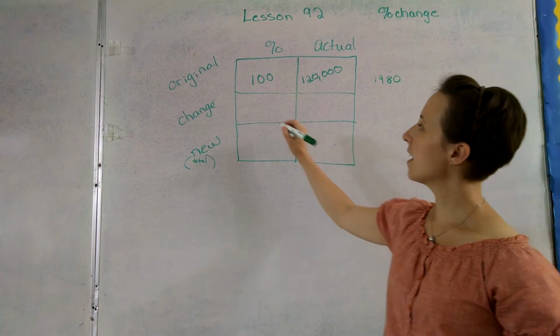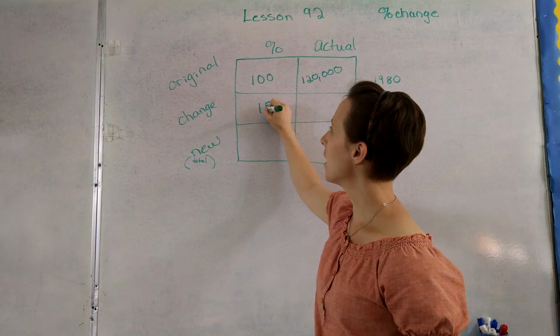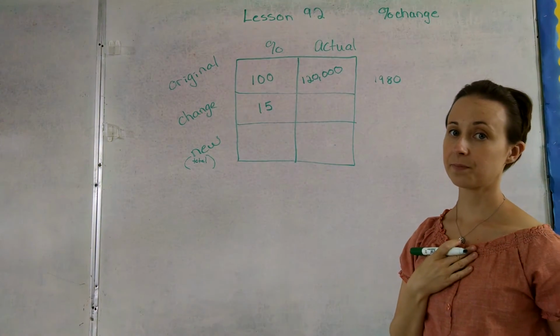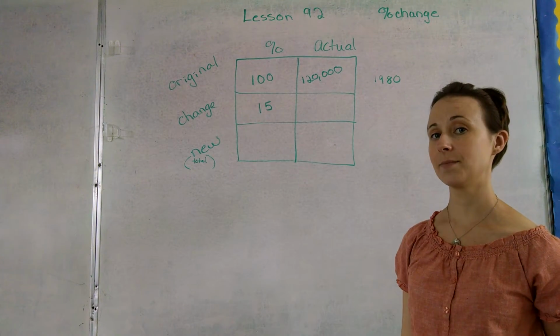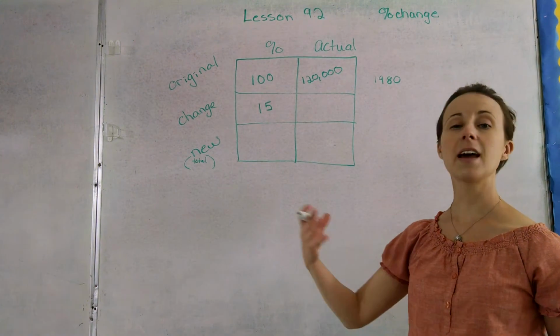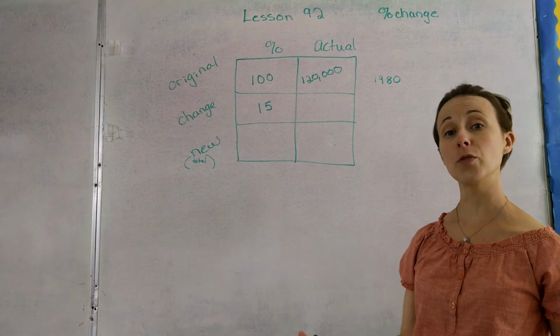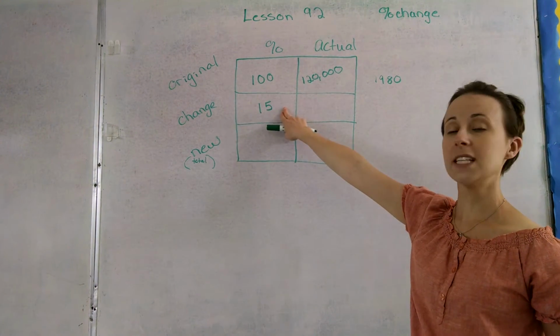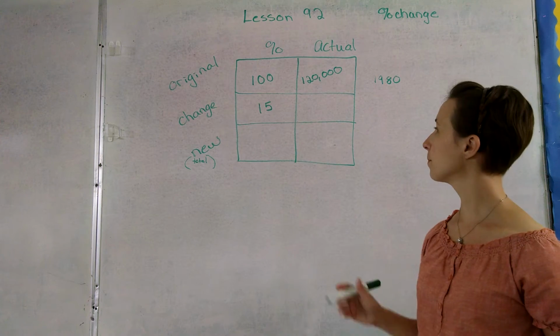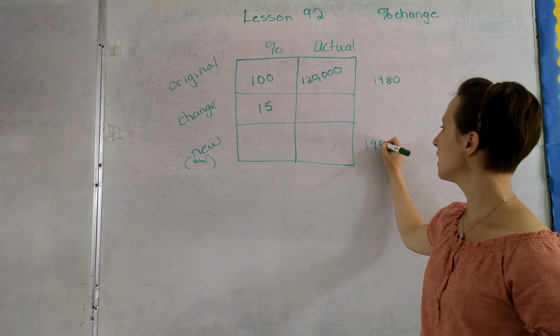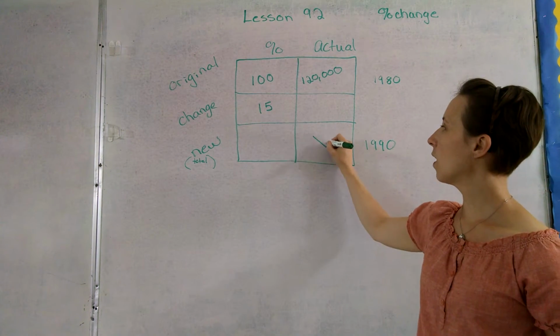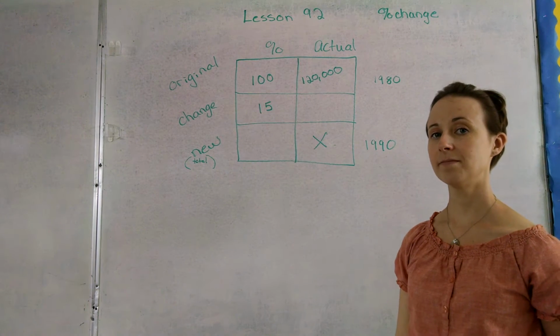And let's say that there was a 15% change in population. A 15% increase. So maybe they had lots more children, or some people moved to the town, and now there are 15% more people. It's now the year 1990, and we want to know how many people there are.